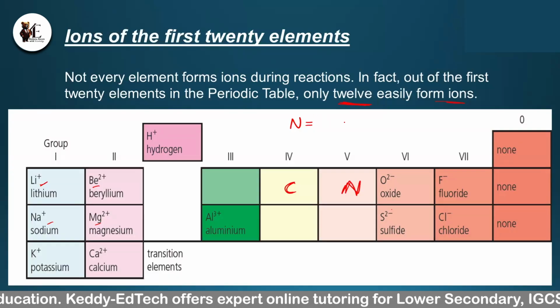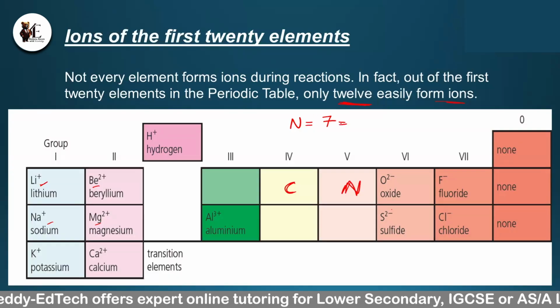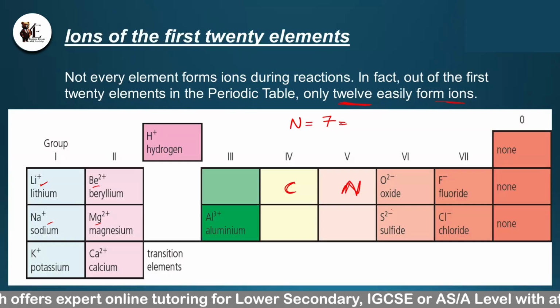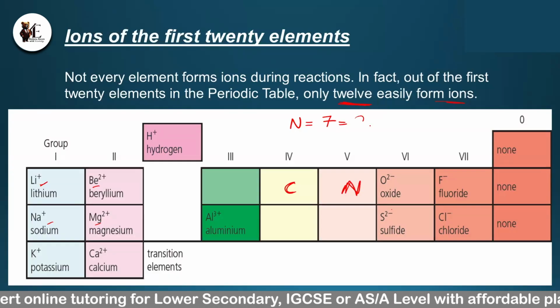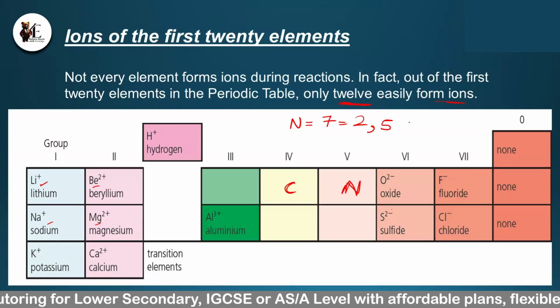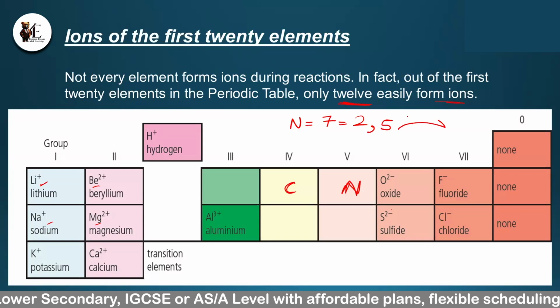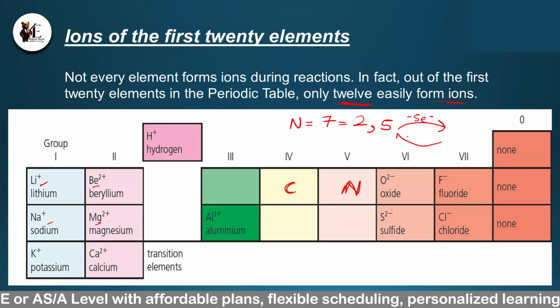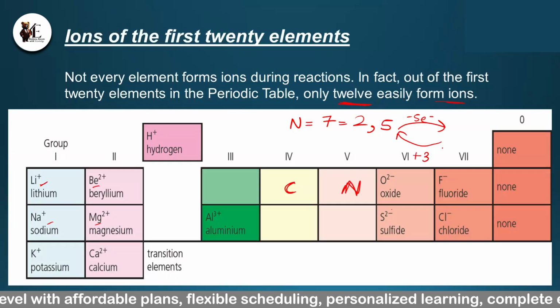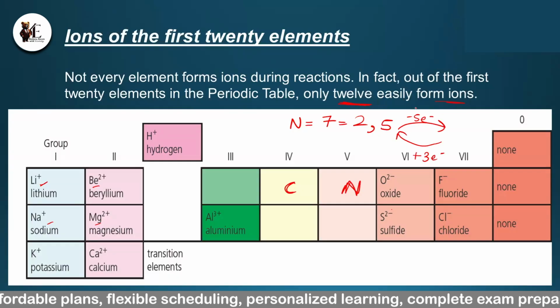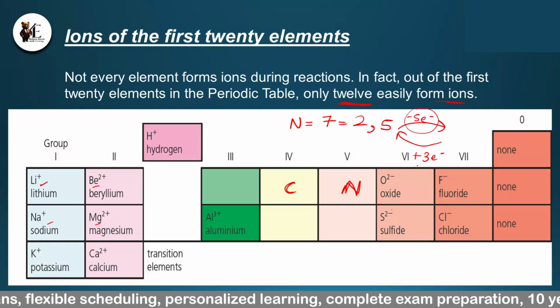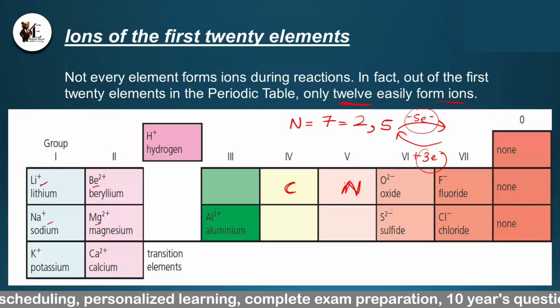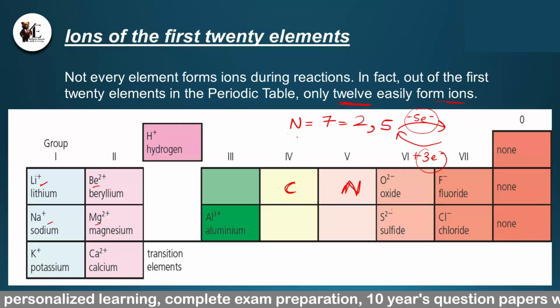Tell me the electronic configuration. 2,5. So it either has to lose 5 electrons to achieve stability, or gain 3 electrons. A larger number of electrons must be lost or gained, which requires a larger amount of energy, so they do not form ions easily.